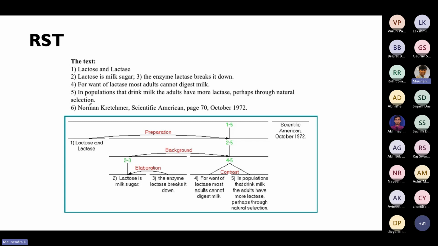Really, parsing should have been covered earlier, but I think some of these queries will be resolved in the next class. So it's more about the connection across various components in a sentence. Sometimes it could be at the syntax level, sometimes at a semantic level as well. So in this RST, semantics is also captured.